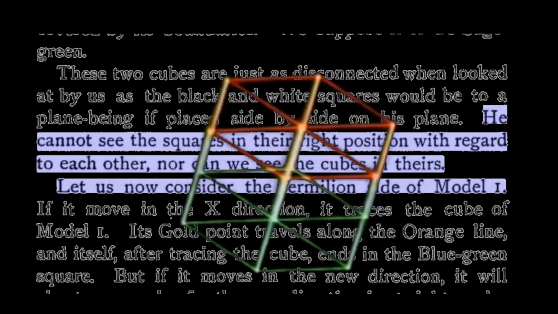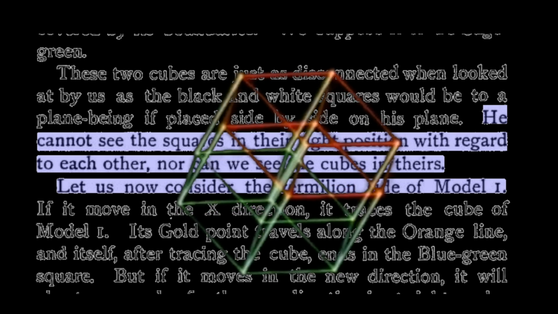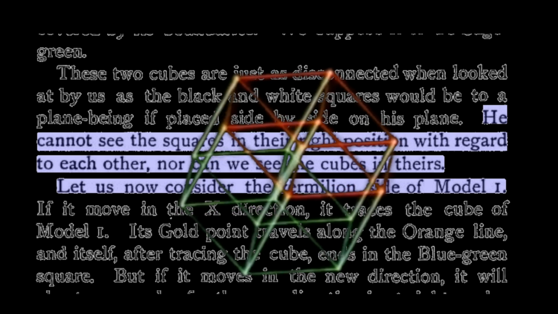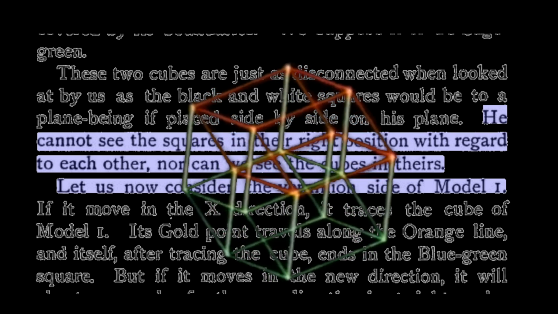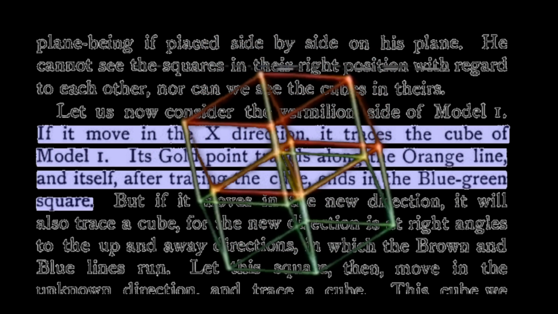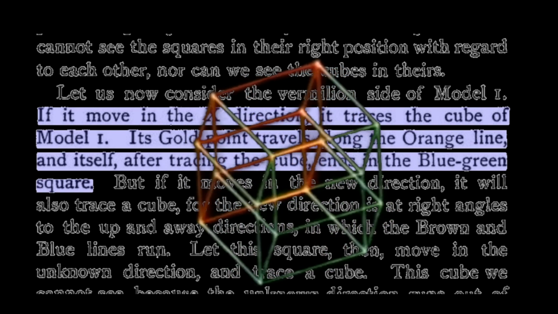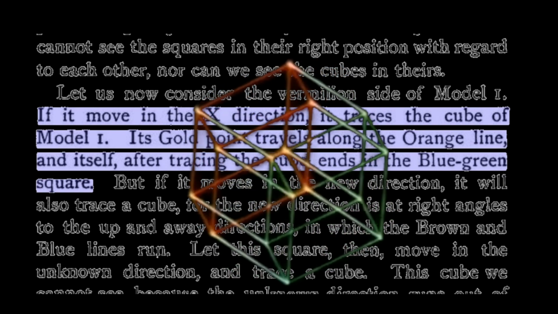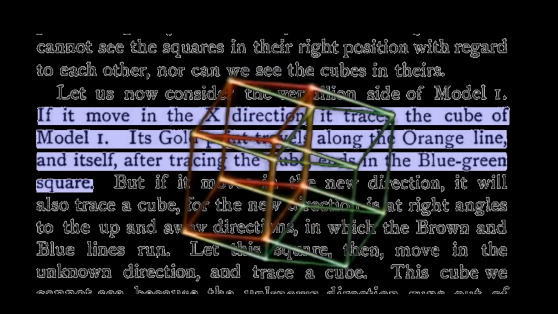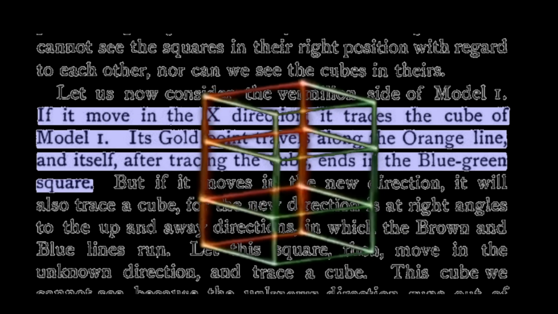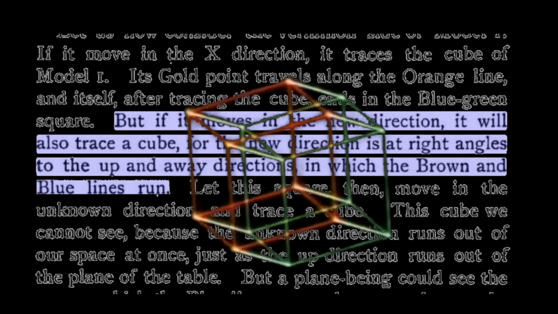He cannot see the squares in their right position with regard to each other, nor can we see the cubes in theirs. Let us now consider the vermilion side of Model 1. If it moves in the x direction, it traces the cube of Model 1. Its gold point travels along the orange line, and itself, after tracing the cube, ends in the blue-green square.